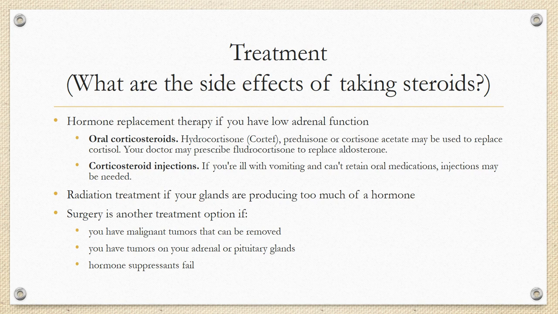If there are tumors involved, or if there's some sort of disease process that can't necessarily be corrected with medication or radiation, they may do surgery. Specifically malignant tumors, tumors on the adrenal and pituitary glands, and then if all else fails, hormones that aren't working, they might have to do something else.